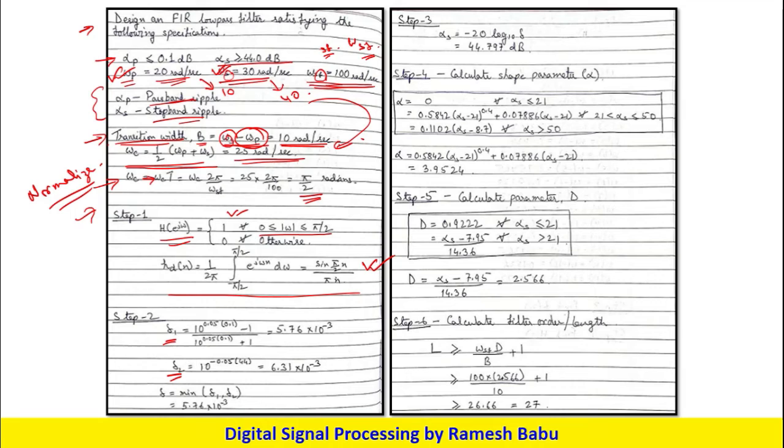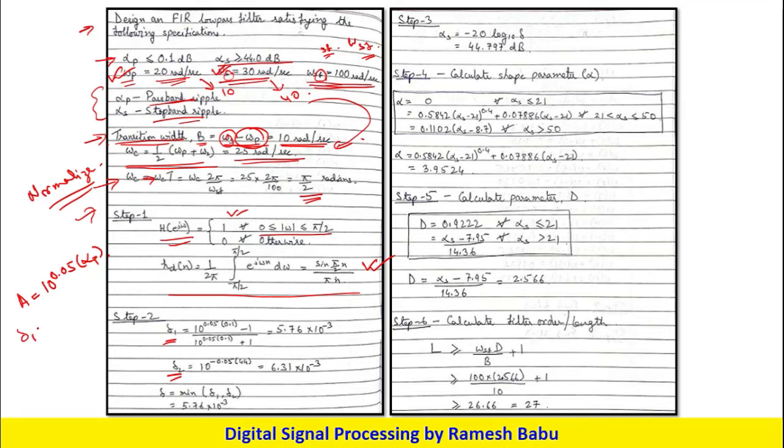So what is given? If you consider a constant a, this is given by 10 to the power 0.05 into alpha p. So what is delta 1 basically?